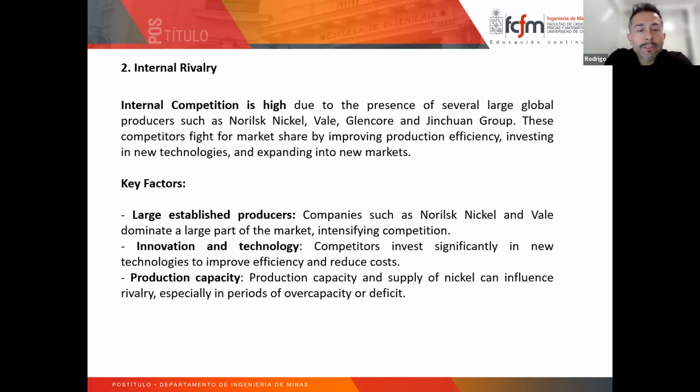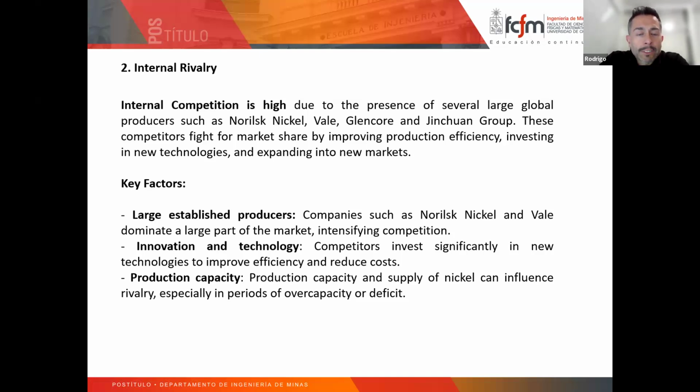with Porter's Five Forces. The internal rivalry, the internal competition, is high for the nickel commodity because of the presence of several large global producers such as Norilsk Nickel, Vale, Glencore, and Jinchuan Group.